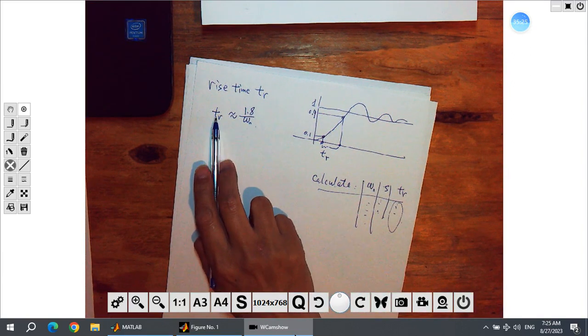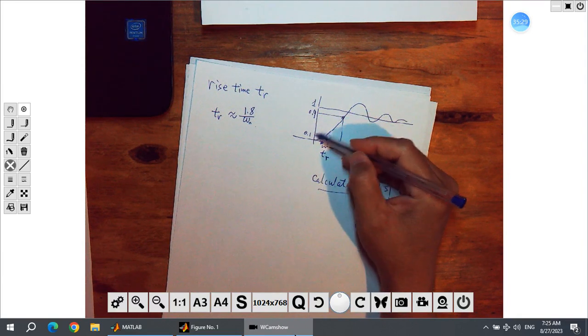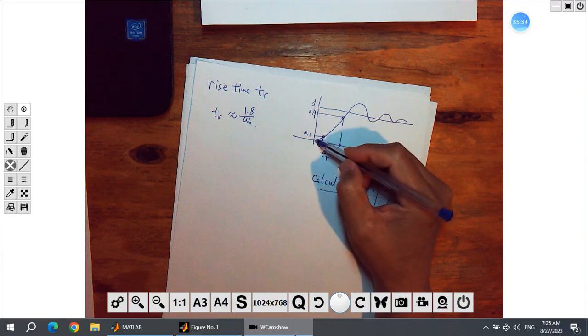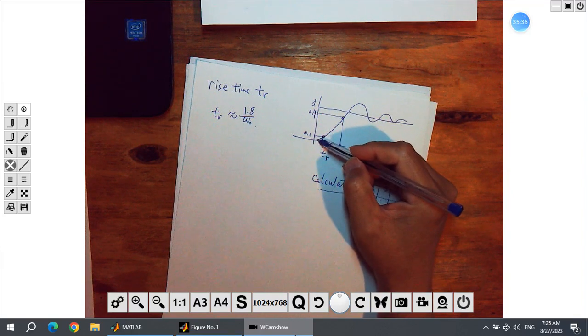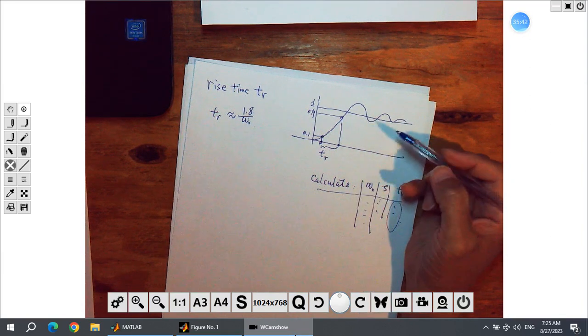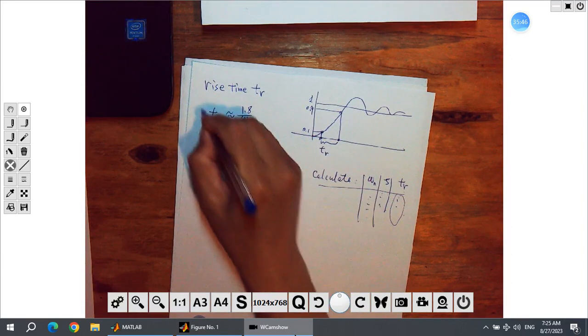So if you choose a large omega n, it will start up quickly. And when omega n is small, it will increase gently, slowly. So we have this formula. You just remember this formula, it will be fine.